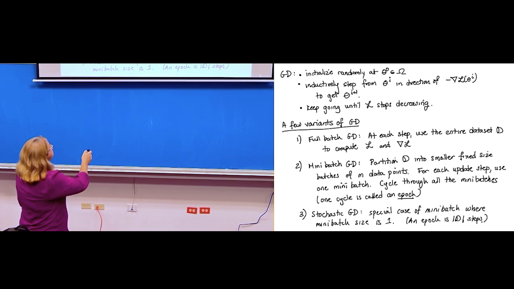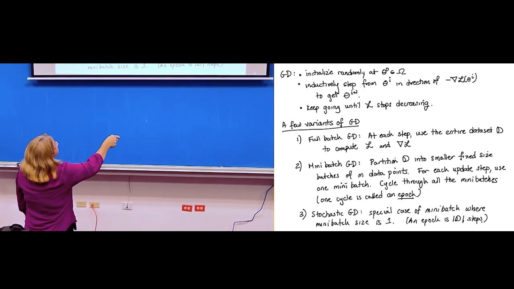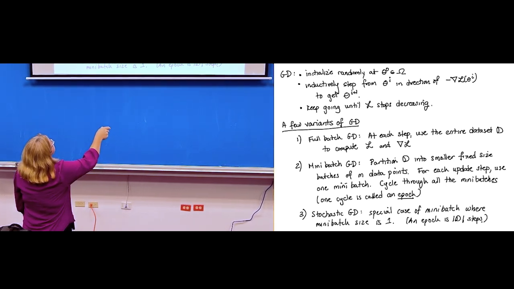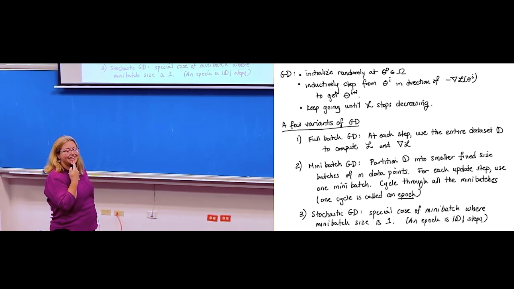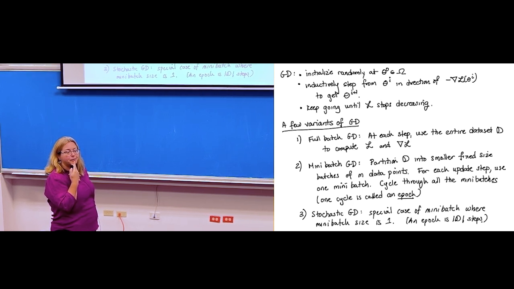So the data set is D, and so this loss function L is like least squared error using D as your data.